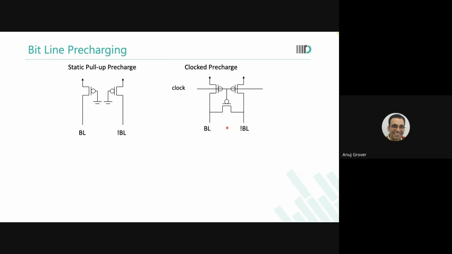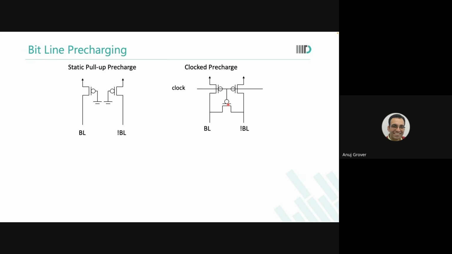Speed gain. Suppose this particular bit line was discharged to 0 in the cycle because you wanted to write a 0. Now you turn the precharge on. Let us assume this equalizer was not there. Only this PMOS is helping it get charged up.